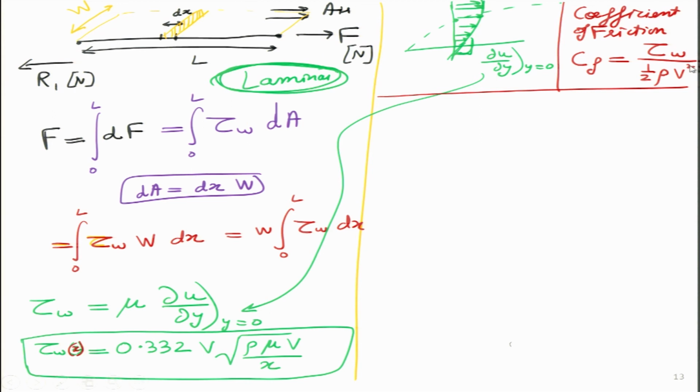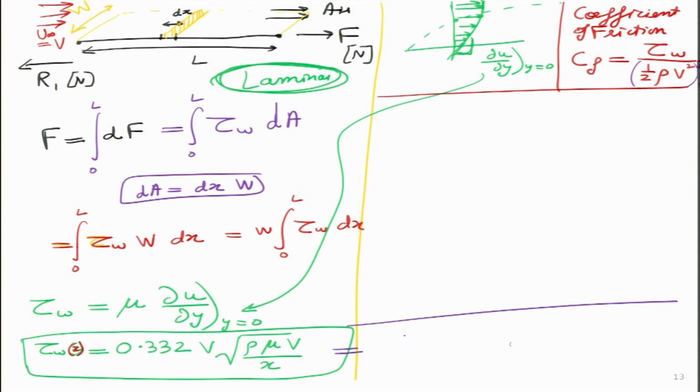The denominator is easy to calculate, because I know the capital V value over here, or capital V I am taking as u infinity, both are same, and the density value we are already knowing.